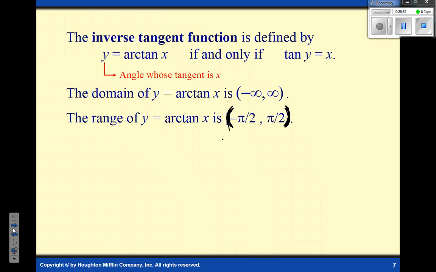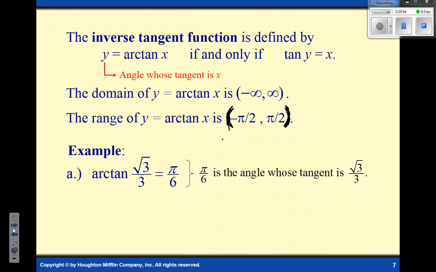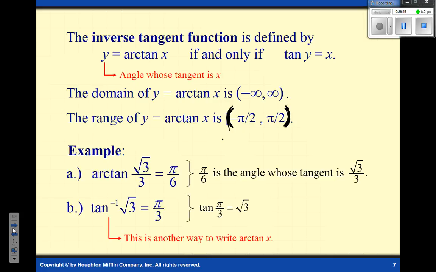So let's practice some of these arctangents. First example says, I'm going to translate this for you again. What angle on the unit circle has a tangent ratio of √3/3? So then we go all the way back to when I was first teaching you the unit circle, and I said 30 degrees has all the threes, 60 degrees is just √3, which means that the answer to this question is a 30-degree angle.